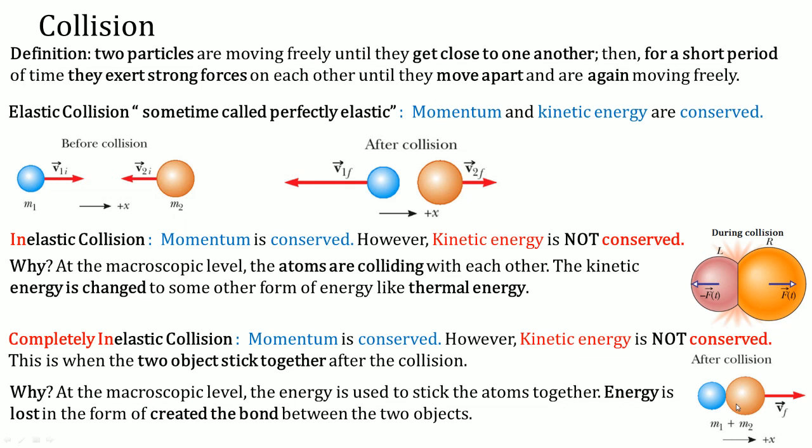Therefore, energy is lost. So these are your three types of collisions. This idea of what is conserved and not conserved is very crucial for you to justify and explain the equations that you use. So there you go. This is everything that you need to know when it comes to connecting momentum and energy together.